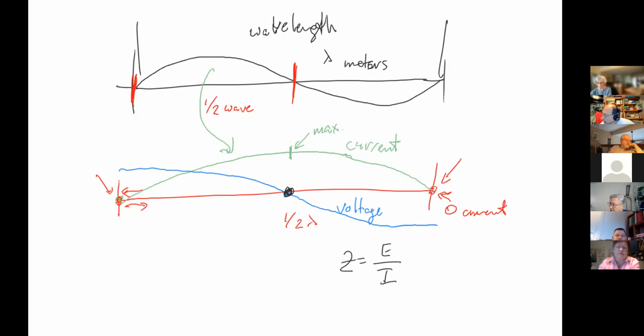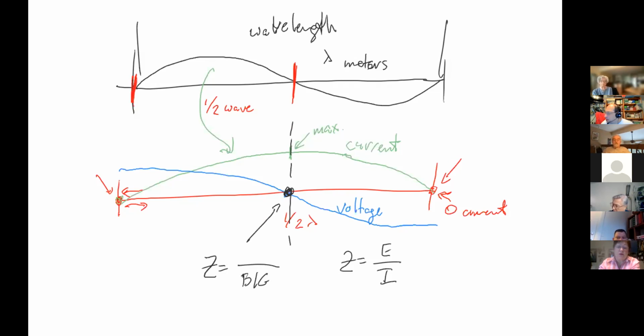So looking at the center of the antenna right here, Z is equal to... is our current going to be big or small? Big. Is our voltage going to be big or small?